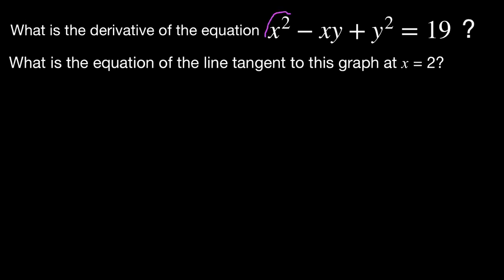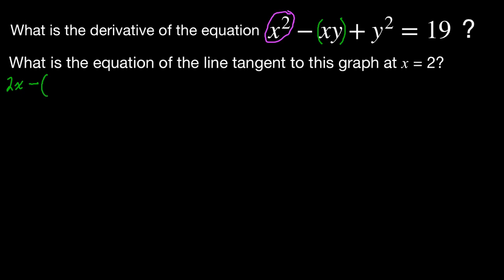All right, so start with your first term right here. So the derivative of that would be 2x times dx, which I will just go ahead and start leaving the dx part off because that's just always equal to 1. Just remember that it is technically there though. All right, so then you're going to have minus, now here you have x times y, which means we need to do the product rule.